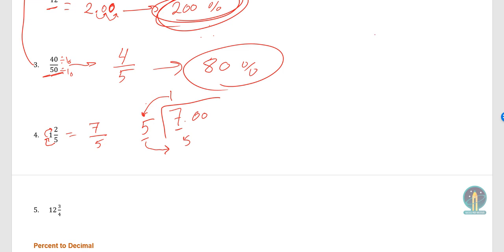Let me write it under the 7 here. And then I can do 7 minus 5 is 2, right? And then I can drop this 0, 20.